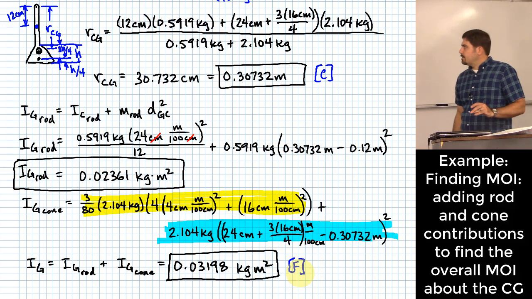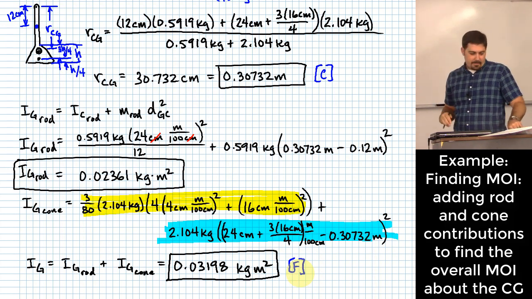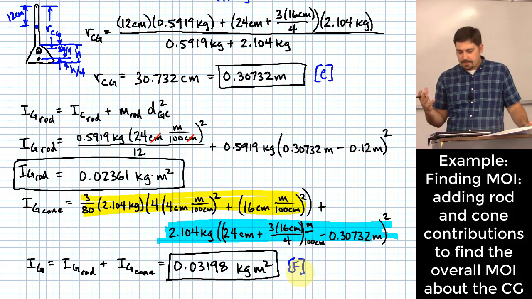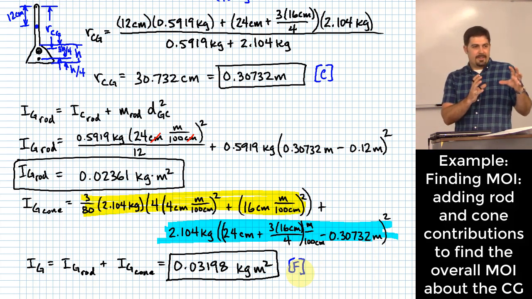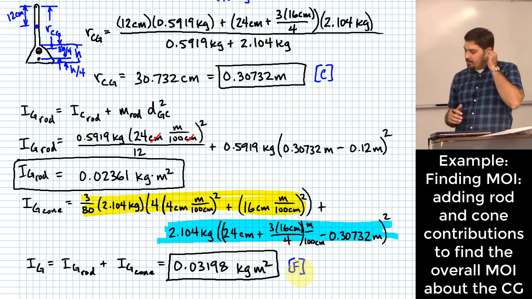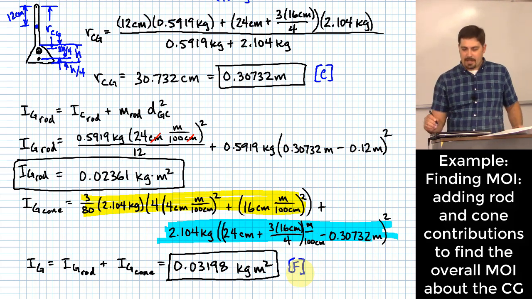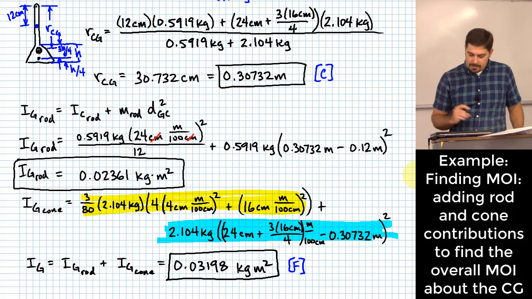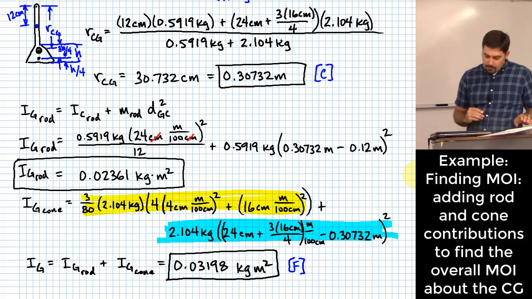All right, well, so what, right? We did all of this mess. When I was thinking about doing this problem, I even contemplated starting with the equations of motion side of the house, but I figured I didn't want to interrupt the progress going through that part of it. So we knew we needed to get this value. We've now done all the legwork to figure out what this moment of inertia is about the CG for the body.